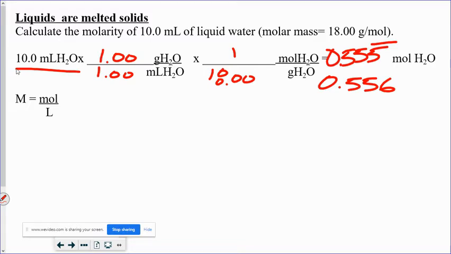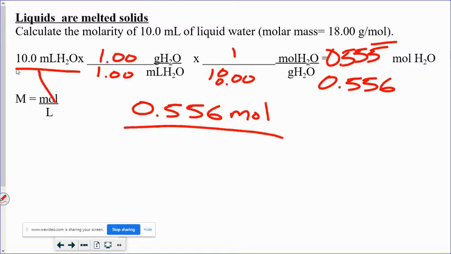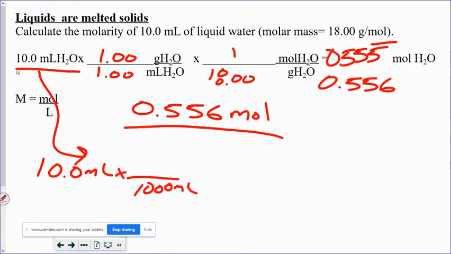So it says calculate the molarity of that. So if the moles are 0.556 moles, and we know that this is from 10 milliliters, so we can take 10.0 milliliters, 1,000 milliliters equals 1 liter, and that number we would get is 0.0100 liters.